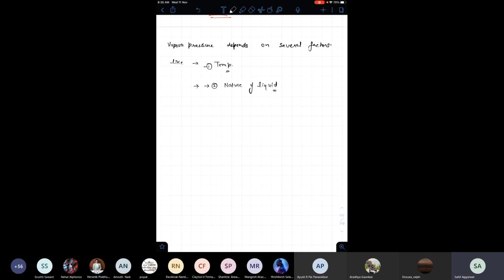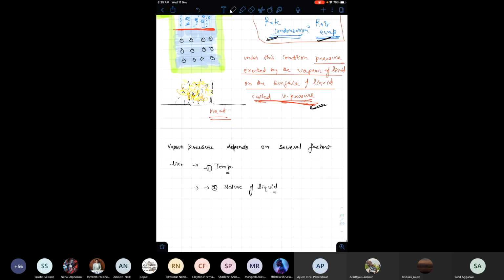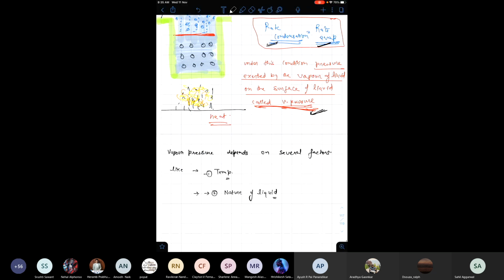Copy it first. All of us know what vapor pressure is now. We have done that in the last class. Pressure exerted by the vapors of the liquid on the surface of liquid under the condition of equilibrium between condensation and evaporation.